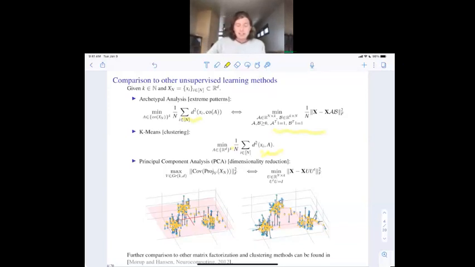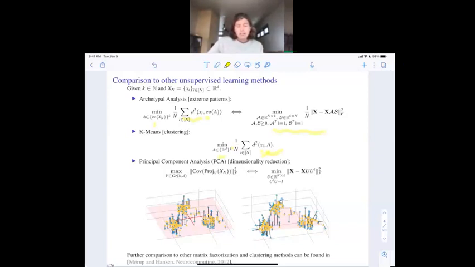So it's like I start with archetypal analysis and I just remove all of these convex hulls. Right? So I don't look at the convex hull of the point set, I just look at the points themselves. And in k-means, you also don't have to constrain the points to be in the convex hull of the data. That actually is something you can prove. You can prove that that naturally happens. Okay, so that's the relationship between archetypal analysis and k-means.